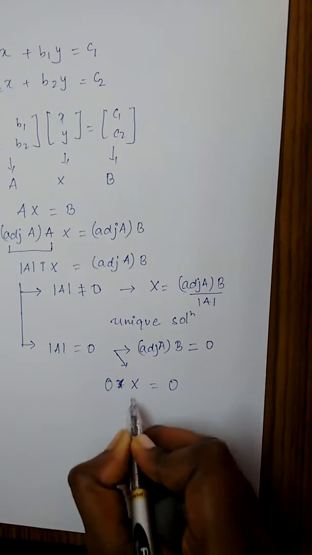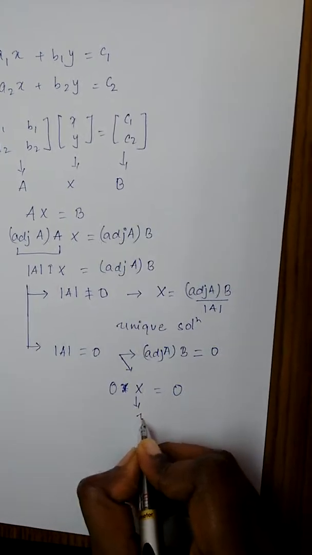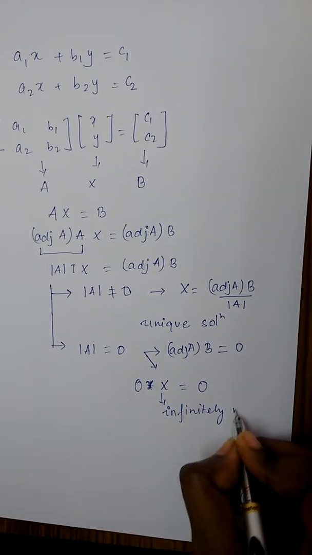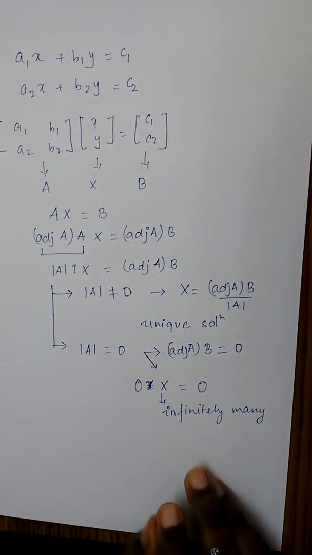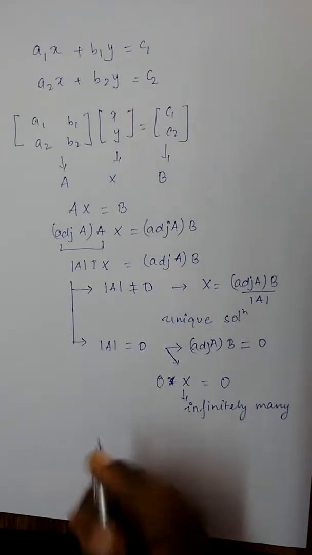So there will be an infinite number of values of X that are possible. This will result in infinitely many solutions, meaning X will have infinitely many possible values for which this equation will be satisfied.